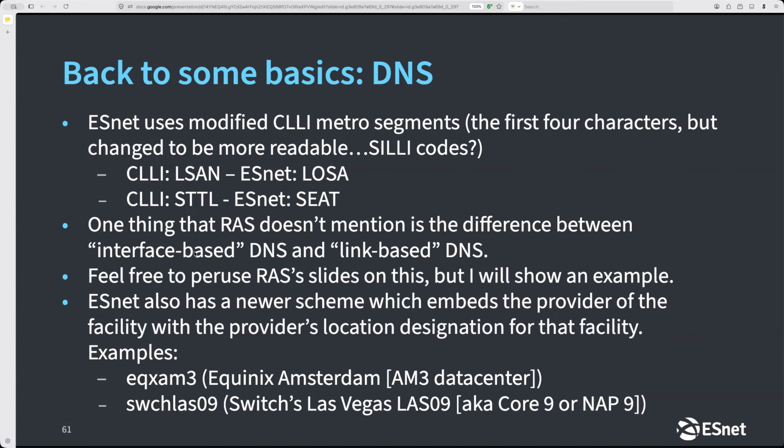We're not totally consistent about it because we're moving from one naming scheme to another. So really it's non-Lumen facilities, but also H5. We don't embed the H5 part. So we're in a couple of H5 facilities. So you'll see occasionally like Equinix SV5, we take their designation of the location plus something that represents the vendor essentially.